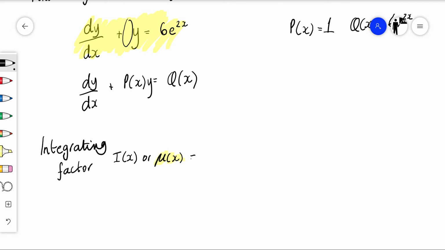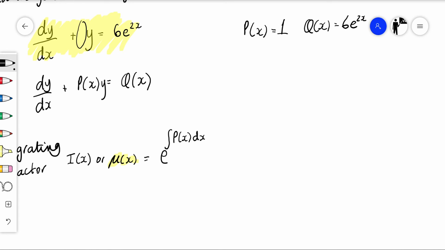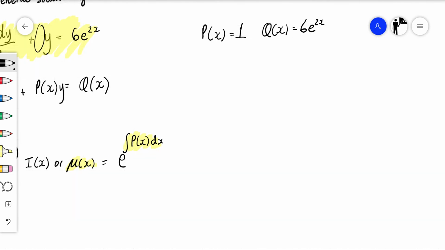So the integrating factor is the exponential raised to the power of the integral of p of x. So what we need to do is find the integral of p of x with respect to x. I'm going to do that at the side.